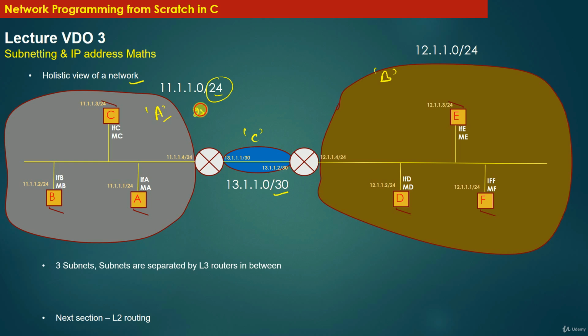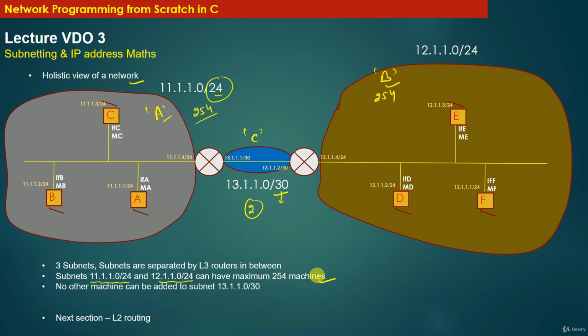You can see that the mask value for subnet A is 24. It means a maximum of 254 machines or devices can be attached to that subnet. The same is true for subnet B. For subnet C, the mask value being used is 30. So in subnet C, strictly two devices can be present. Subnet A and subnet B can have a maximum of 254 machines.